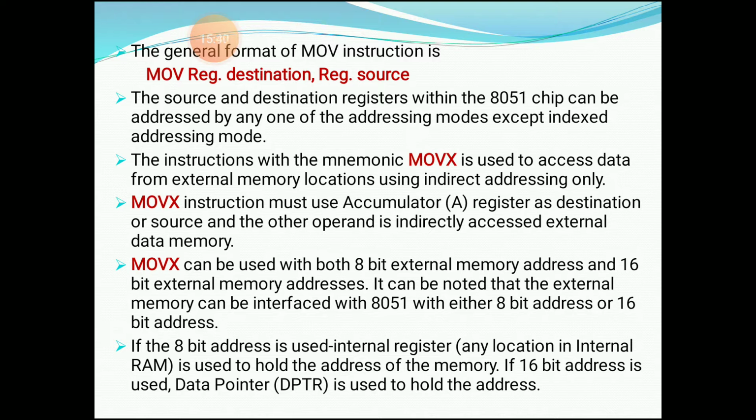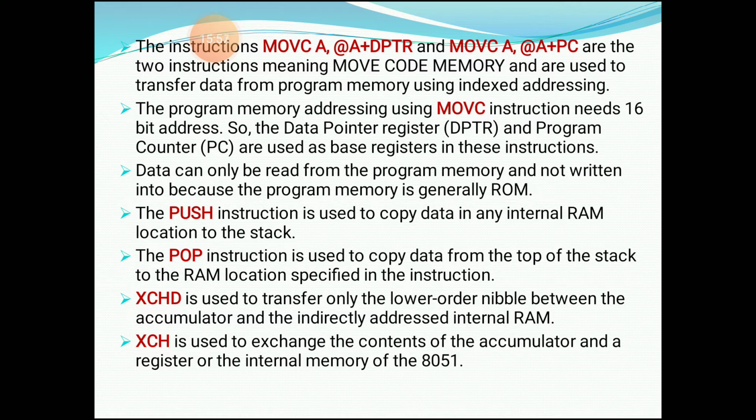The 8-bit address uses an internal register to hold the address of the memory, that is R0 and R1, and the 16-bit address uses the data pointer to access the address. The instructions MOVC A, @A+DPTR and MOVC A, @A+PC are the two instructions, meaning move code memory, used to transfer data from program memory using indexed addressing mode.